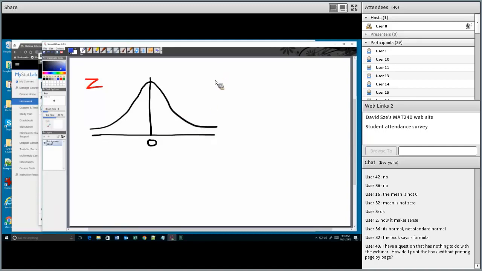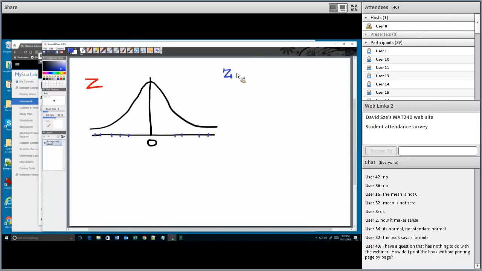This is capital Z, by the way, which represents a standard normal distribution. We can use small letter z to represent values on this line. Here's 0. So this will be the positive side, this will be the negative side.